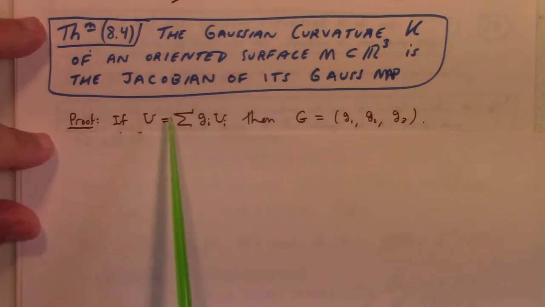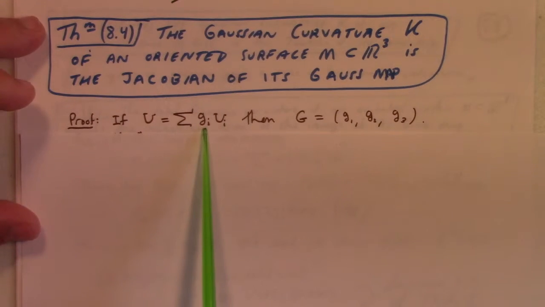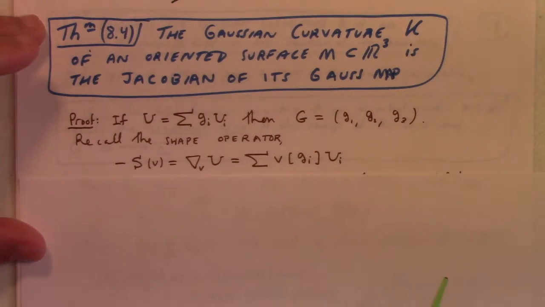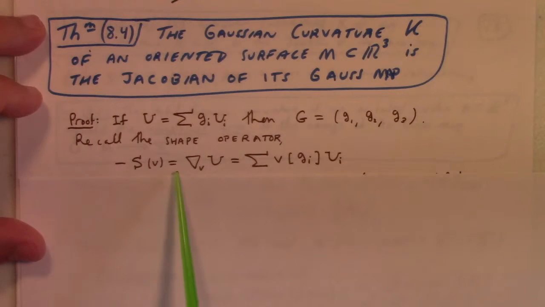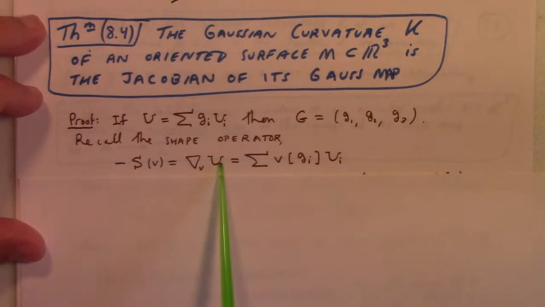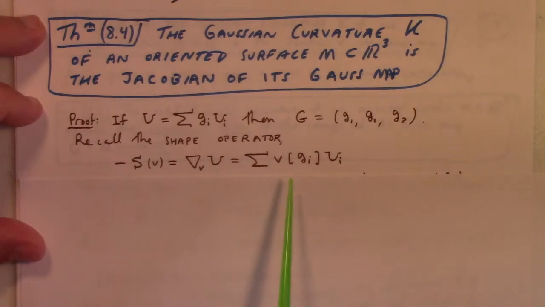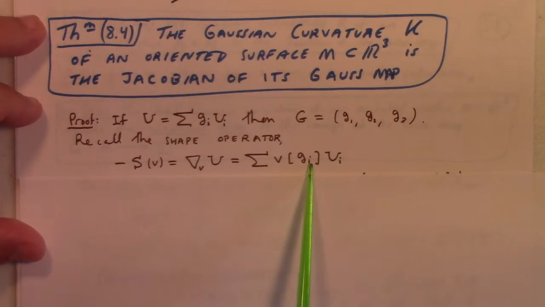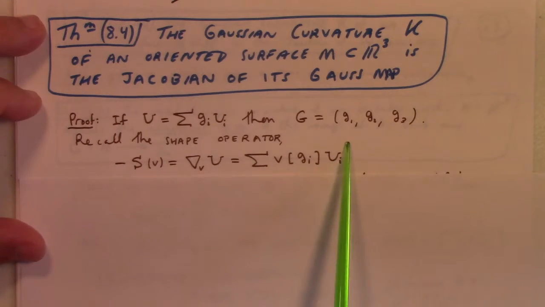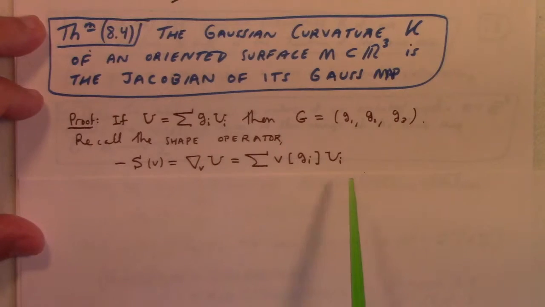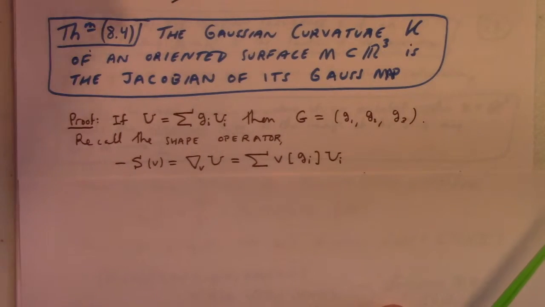If you have a unit normal with coefficient functions g1, g2, g3, then remember the shape operator is defined by minus the covariant derivative of the unit normal in the direction V. So the vector V acts on the component functions of the unit normal, and then we make it a vector, with u1, u2, u3 the standard Cartesian frame in R3.